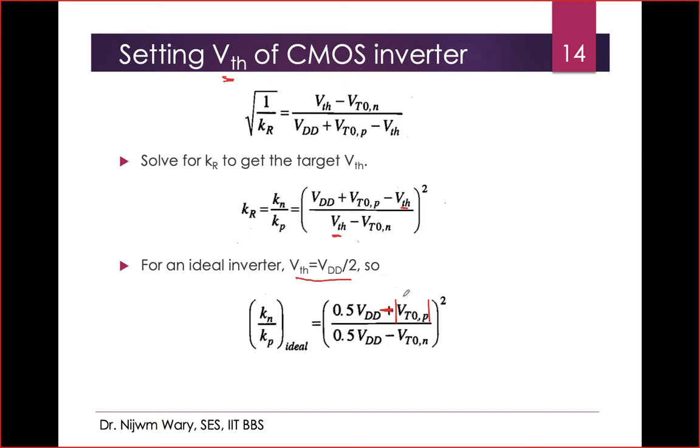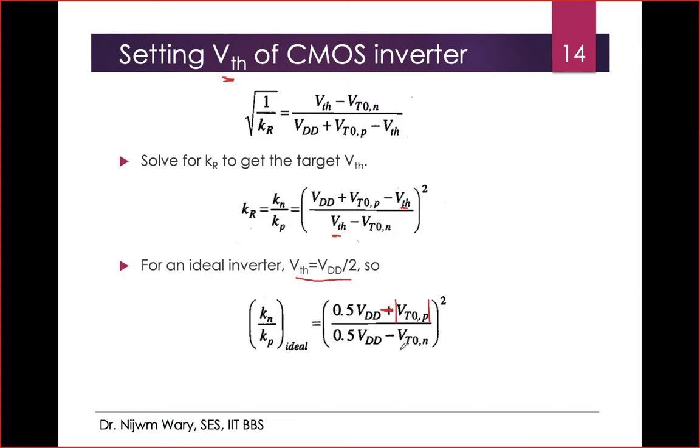I'm not faulting that, but my point is that if you write the absolute value, things become simpler. So you can see here that Kn by Kp should be equal to this expression. If I satisfy this condition, then I will get my VTH as VDD by 2.